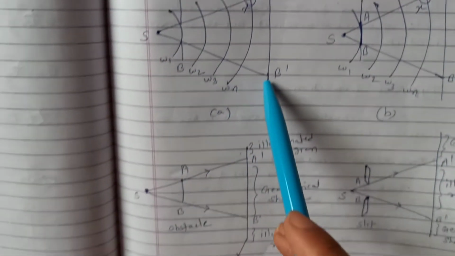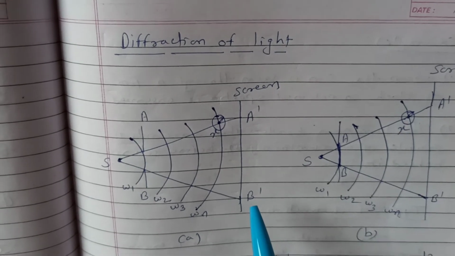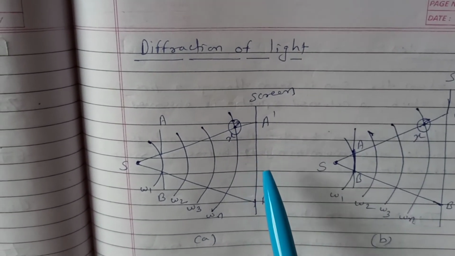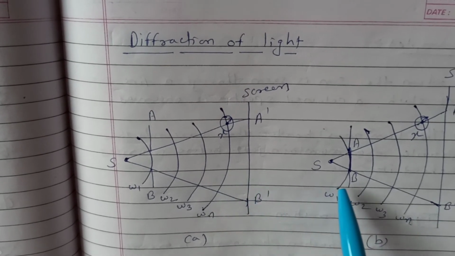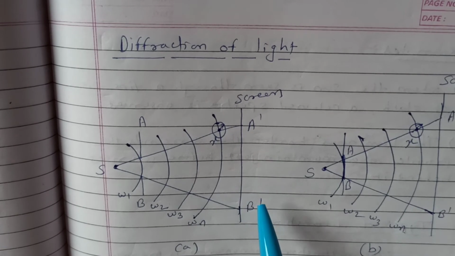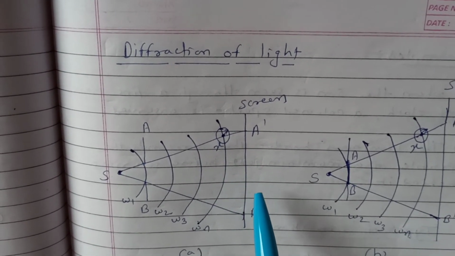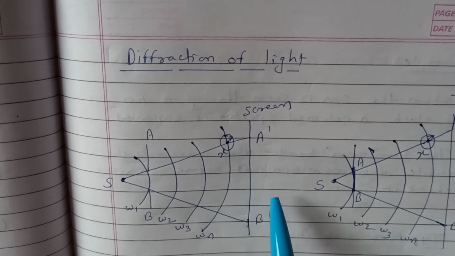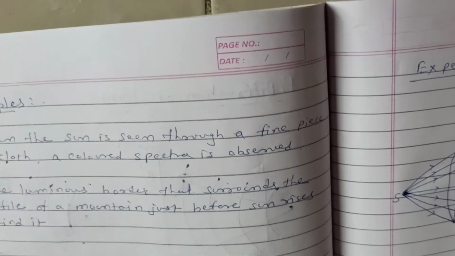But in interference of light, two waves interact with each other and we get the result on the screen. In the interference pattern, alternate dark and bright bands are formed. In the diffraction pattern, positions of maxima and minima are formed on the screen. Maxima are the bright bands and minima are the dark bands.